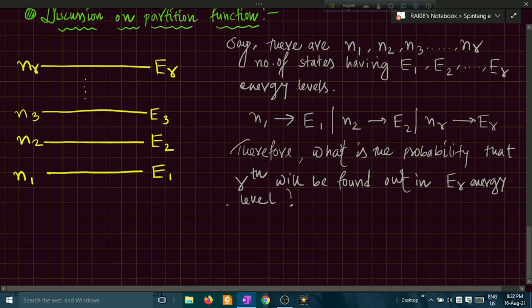Therefore, you know how to find probability. The probability of the Rth system having energy ER is written as the number of systems having energy ER divided by the total number of systems.